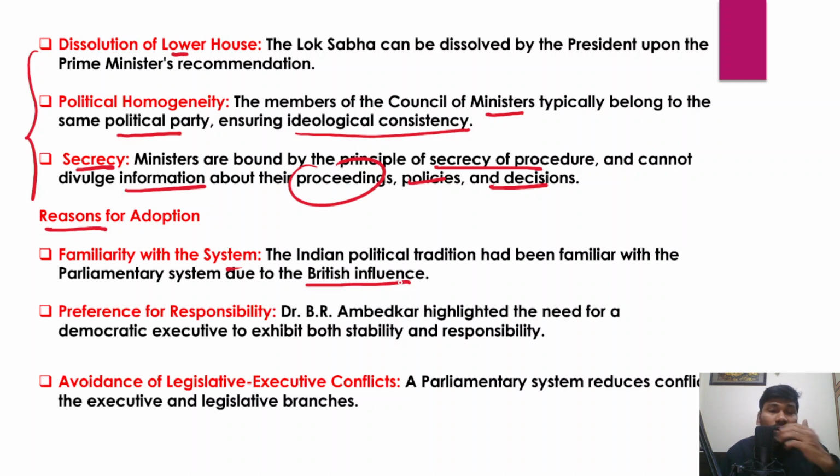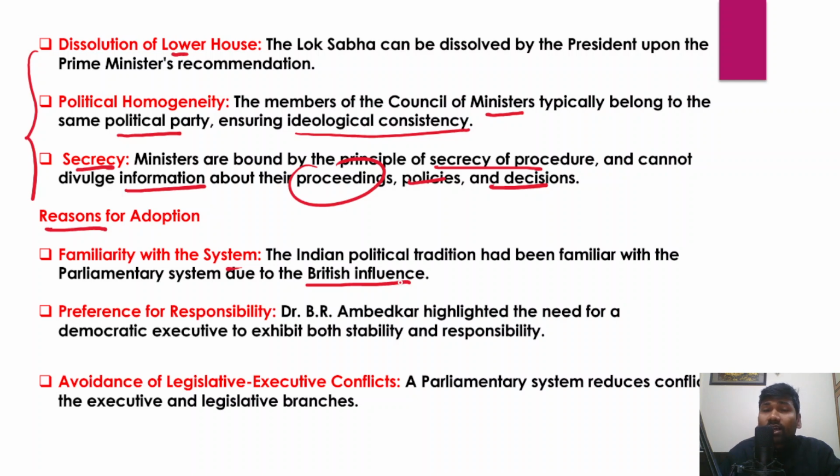And in fact, the Government of India Act 1935, Government of India Act 1919, Government of India Act 1909. All these different legislations talk about the parliamentary form of government. Out of that particular experience, we have the parliamentary form of government in India after our independence.